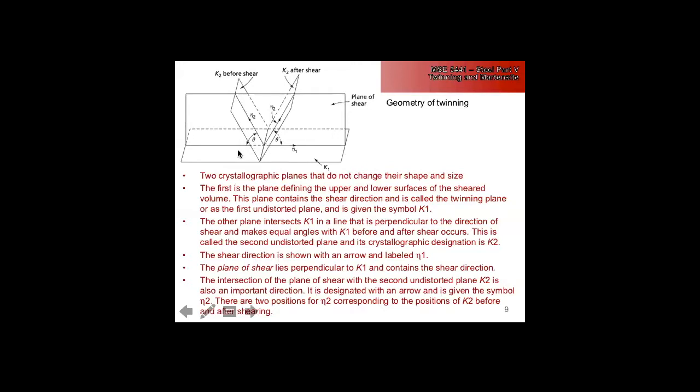So then the second plane is this one that makes some angle theta with the twinning plane, so that afterwards it makes the same angle, right?